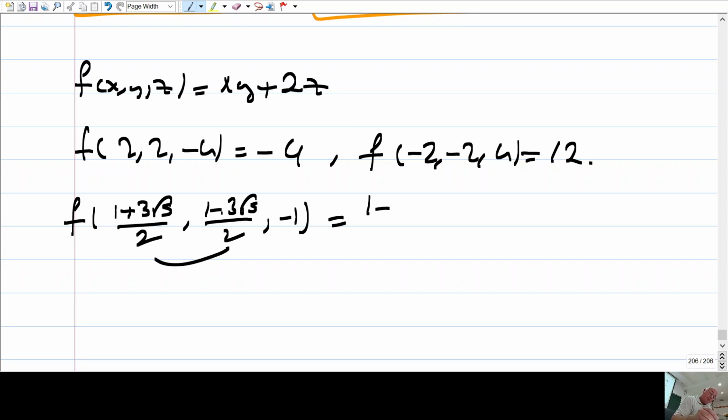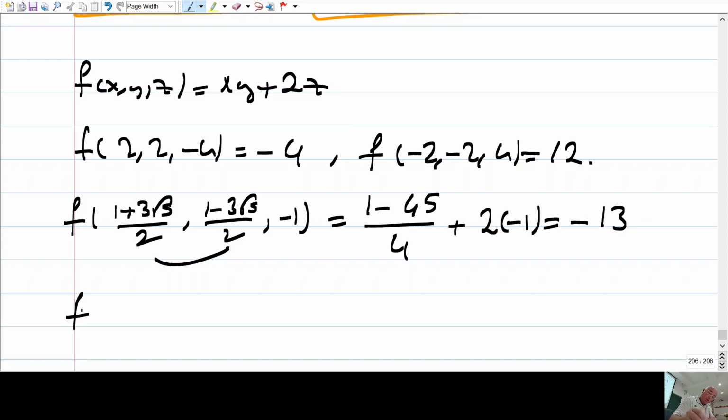This is 1 minus bunun karesi değil mi? Bu a artı b, bu a eksi b. Dolayısıyla bu a kare eksi b kare, yani 9 çarpı 5 yani 45. 45 değil mi? Bunun karesi eksi bunun karesi bölü 4 artı 2 çarpı eksi 1. Nedir bu? Eksi 44. 4'e böldük. Eksi 11. Eksi 2 daha eksi 13.